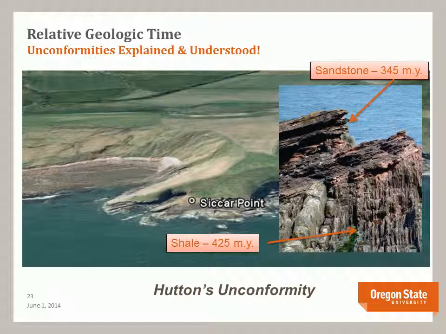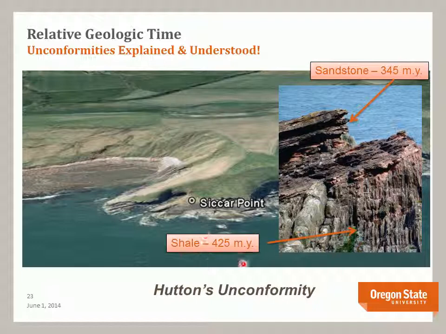This is the last slide, and here's a slide that shows where some of these ideas started, by a guy named James Hutton. This is at Siccar Point, which is in Scotland. And here is a close-up view, and actually you can see the tilted layers here. This is Hutton's unconformity. There are these shale layers, which are at a high angle, and then these tilted layers, which are sandstone.